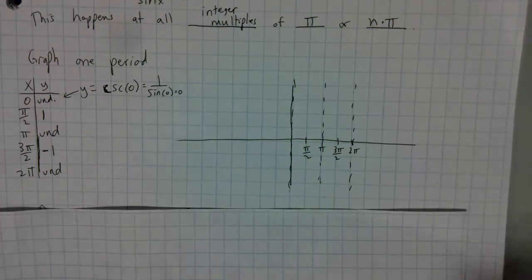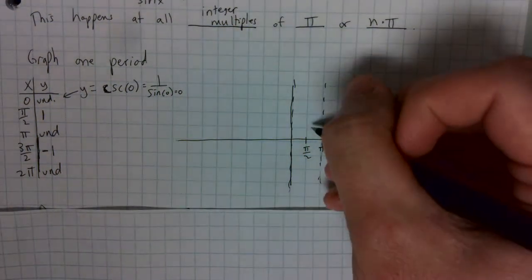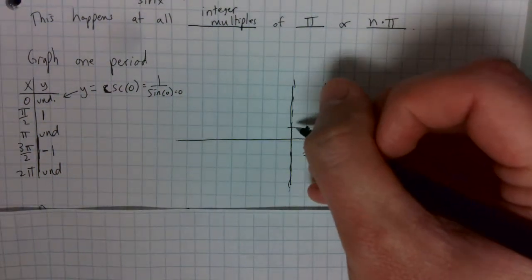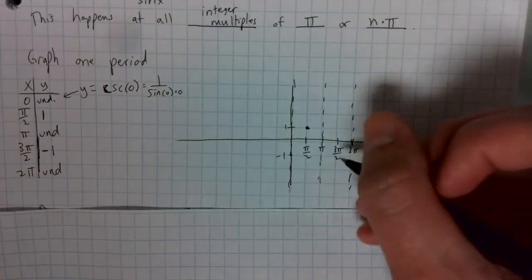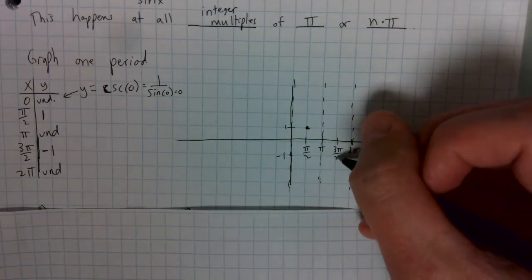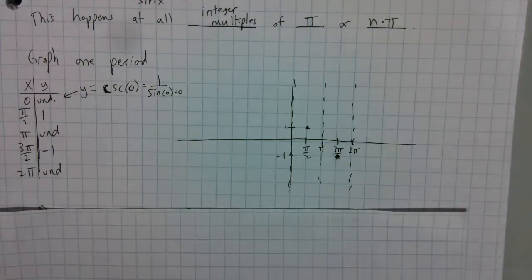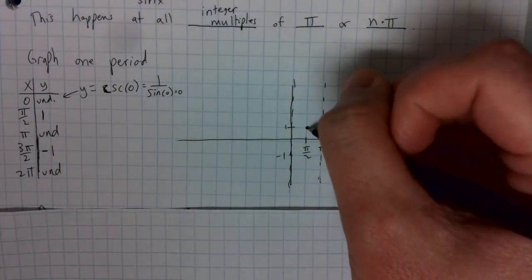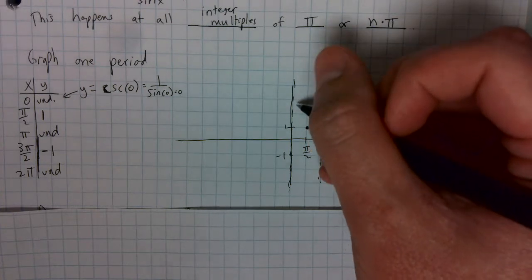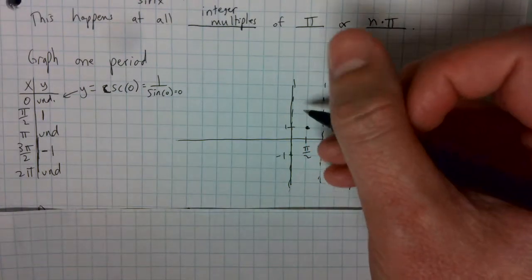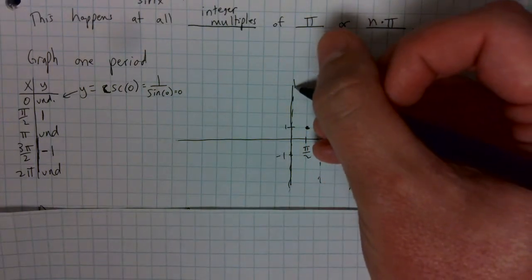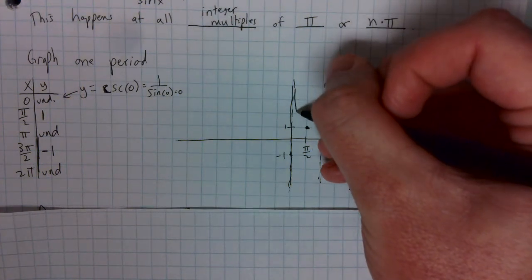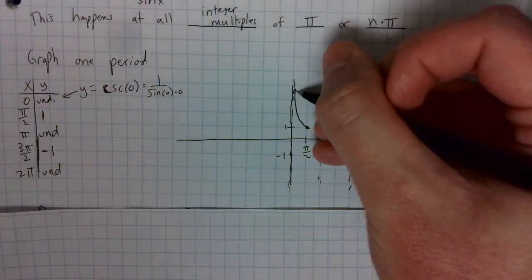And we'll draw one period here. So at pi halves, we're up here at 1. And then at 3 pi halves, we're down at negative 1. And very similarly, as we get closer and closer to 0, all of our x values are positive here. So we're going to get a thing that looks like this.